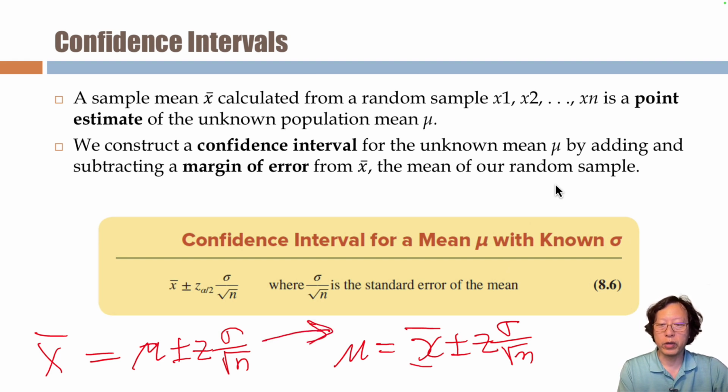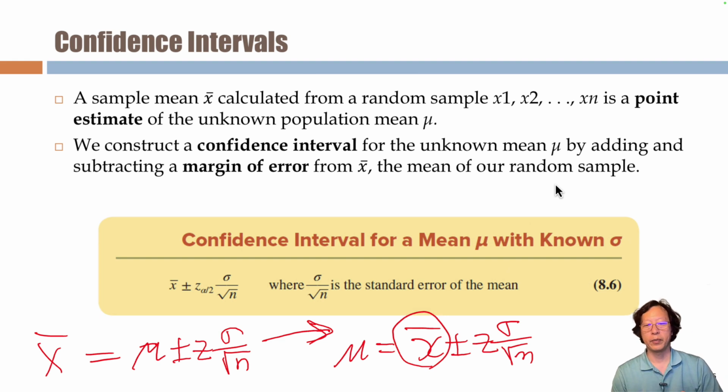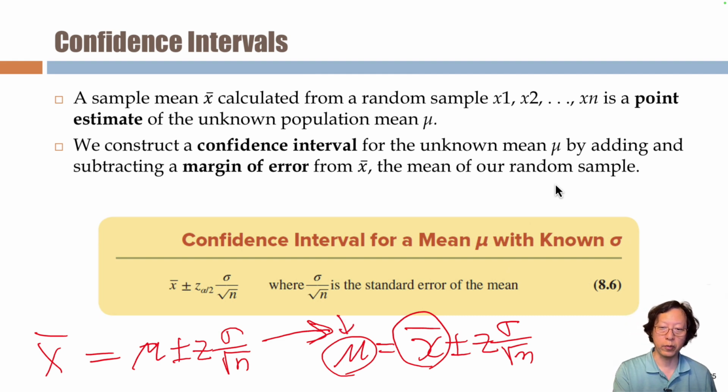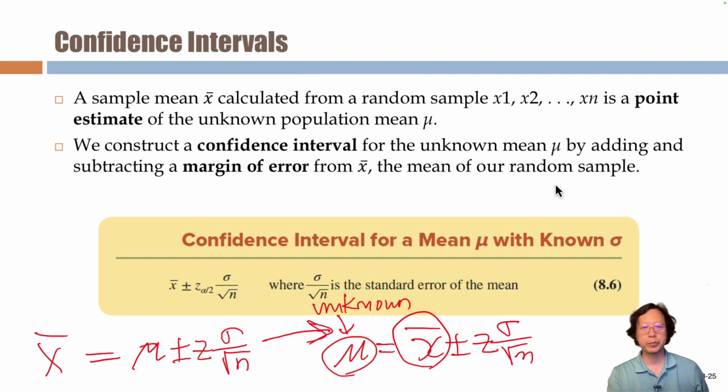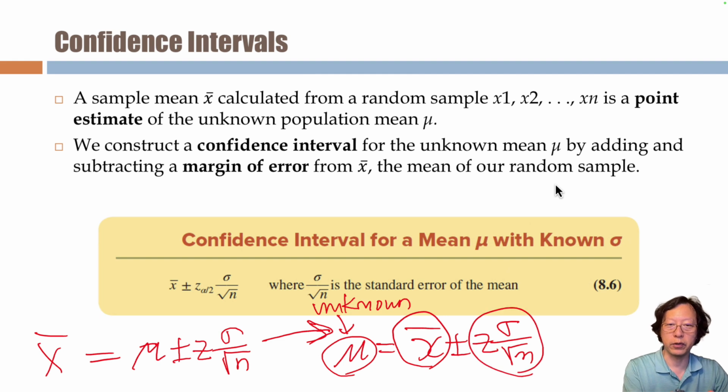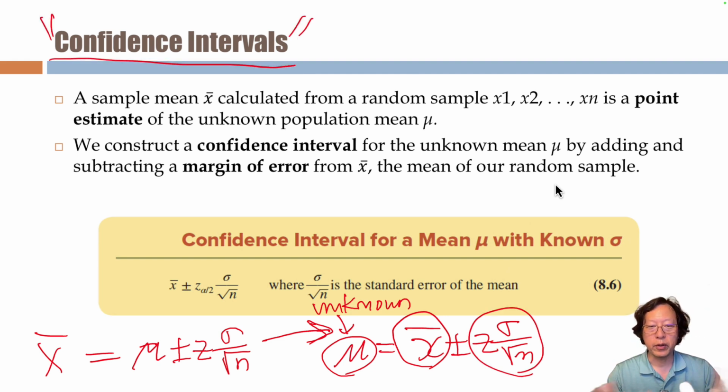Because we will measure the X bar, but what we want to know is where the population mean is, which is unknown. We don't know. So once we get an X bar and this confidence interval, we call this the confidence interval. I don't know what the mu is, but our mu will fall in between this range.